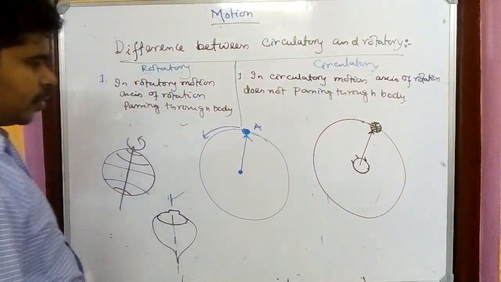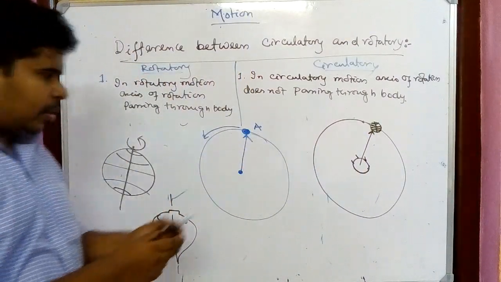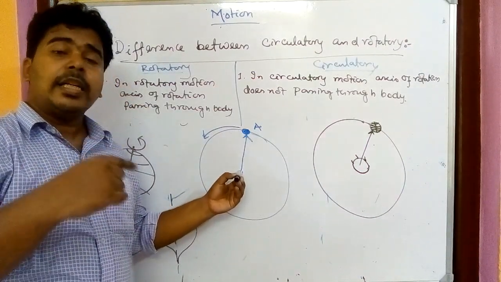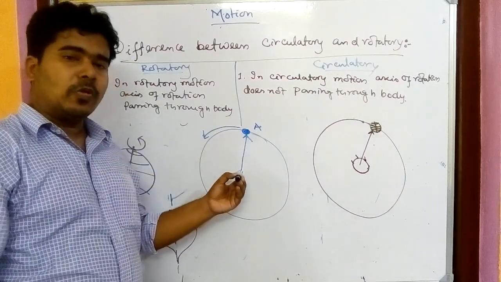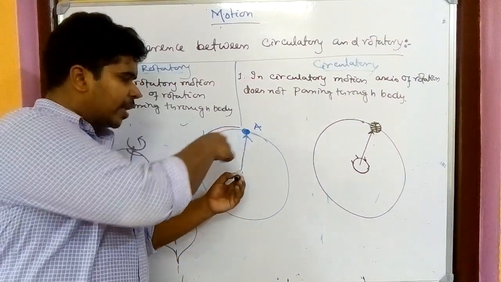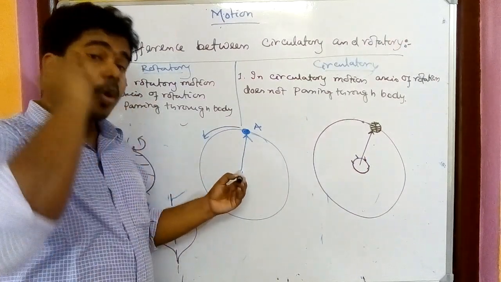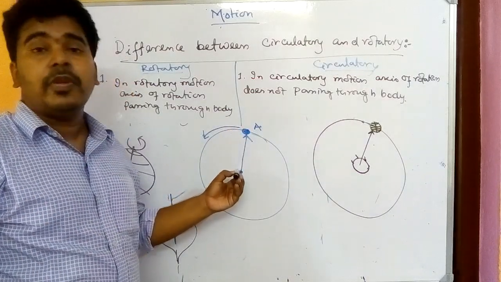Why? You see, whenever a person is running around a circular path, this is the axis of rotation, at the center of the field through which the person is moving. So the body is here and the axis of rotation is here. This axis of rotation is not passing through the body, it is passing through the field.